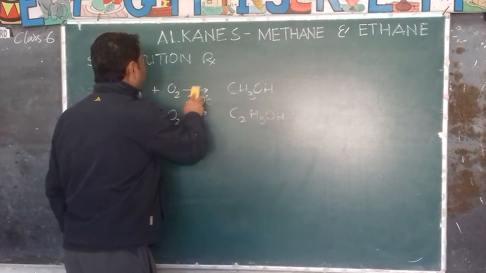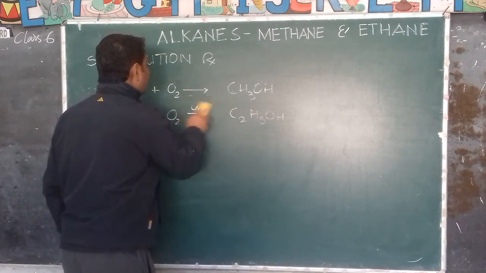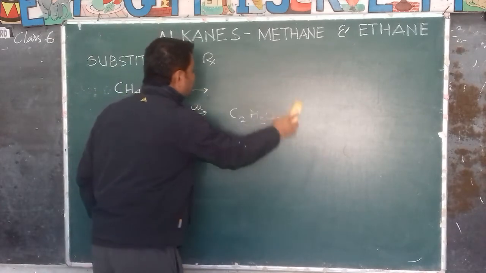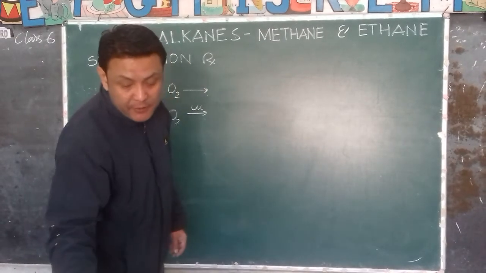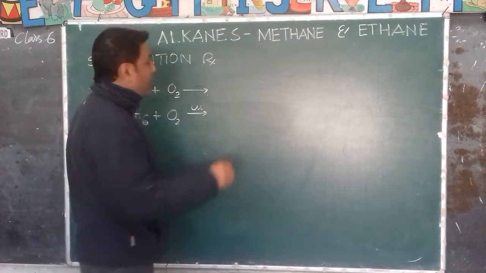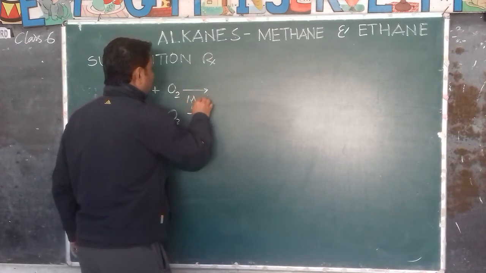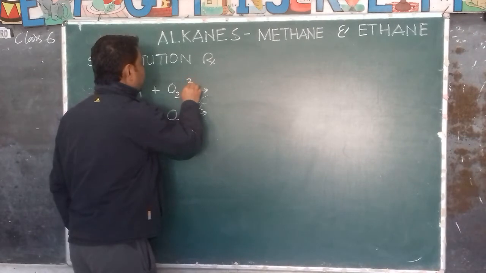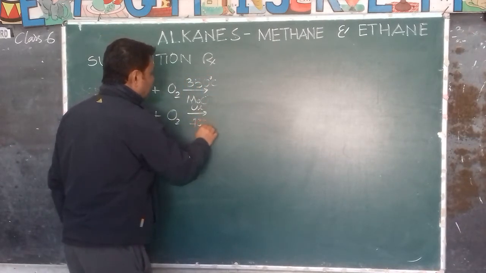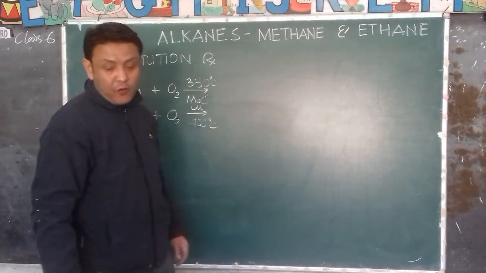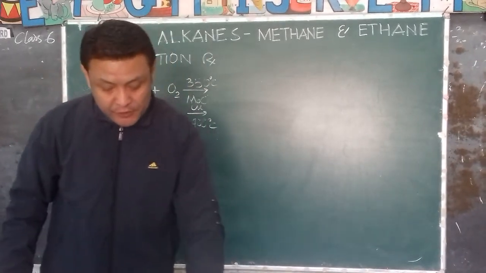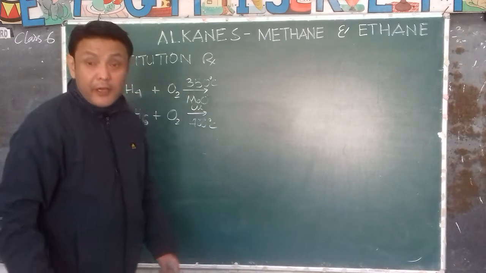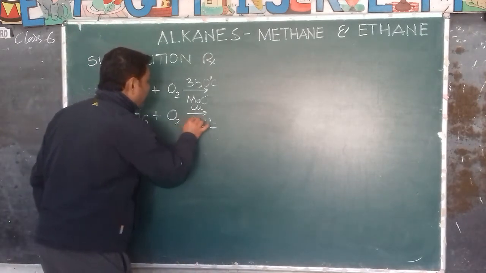So now we have another catalyst, that is molybdenum oxide. The same oxidation reaction, but with molybdenum oxide. The temperature in both the cases is 350 to 500 degrees Celsius. Sorry, it's not 400, it is 500.